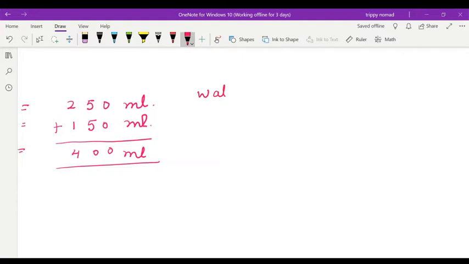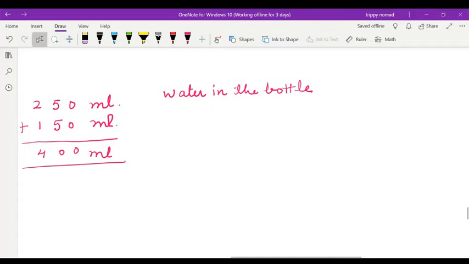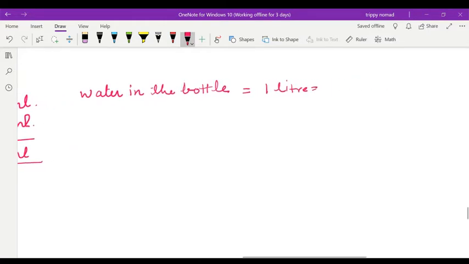Water in the bottle, how much was it? 1 liter. That is equal to 1000 milliliter. Water used up, how much was used?